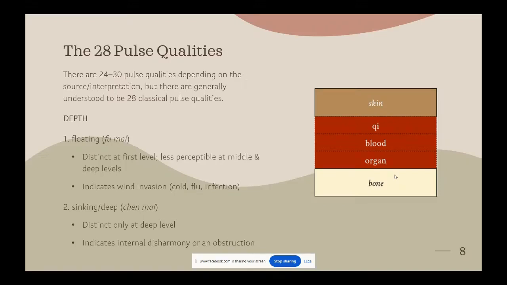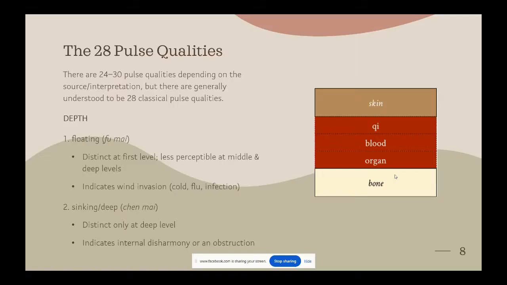Those 18 are, I would say, the main qualities that you will probably run into. They are divided by depth and speed, rhythm, shape, and length.